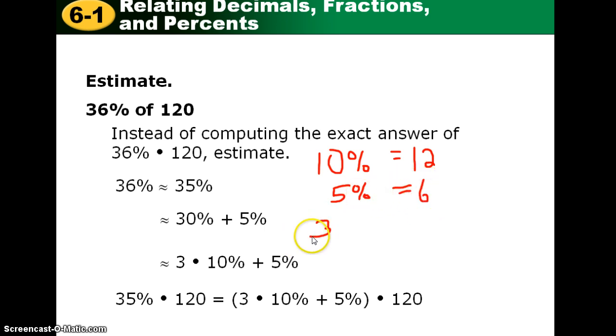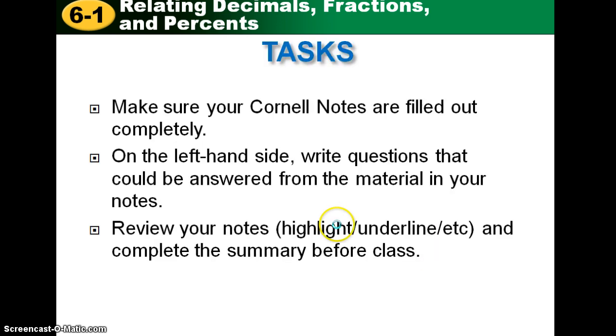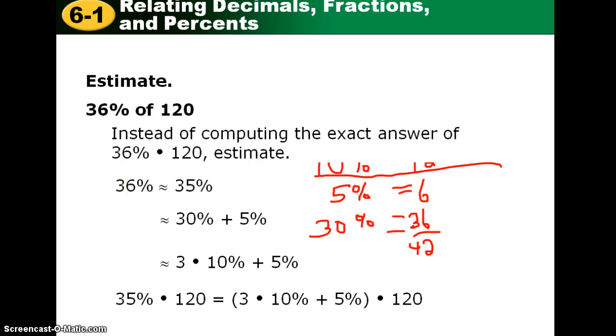And 30% is going to equal 3 times 12, which is 36. And then if we ignore this and add 5 plus 30 to get 35%, add 6 plus 36, we get 42, which would be our estimate for 36% of 120.